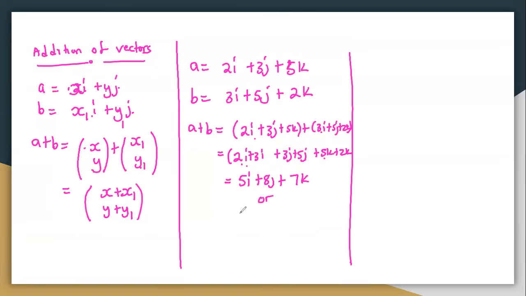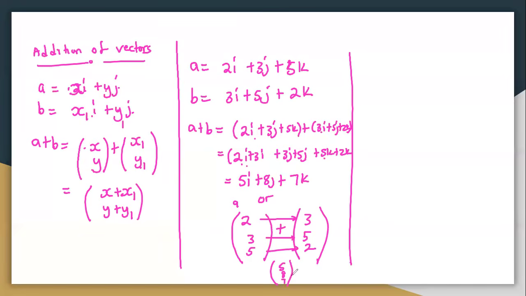Alternatively, someone may write them in column form and write this as (2, 3, 5) for the A component, and then you add it to B, which is (3, 5, 2). Then you start adding the corresponding components, this and this, this and this, and this and this. And then you end up with (5, 8, 7). This is very okay. And then you write it back in the i, j, and k notation.